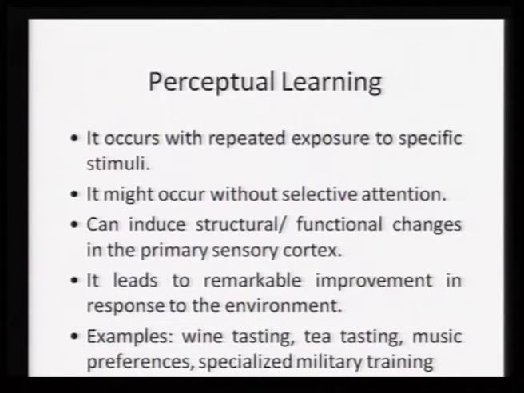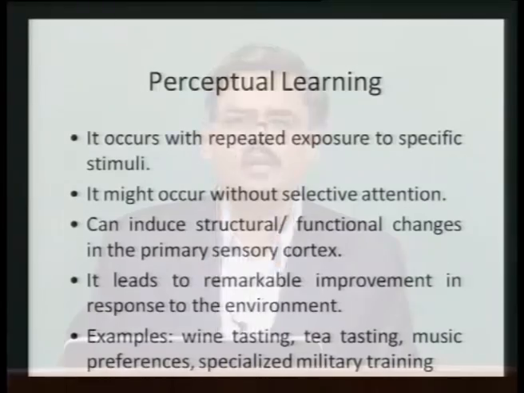It can induce structural or functional changes in the primary sensory cortex. This is what neuropsychological researchers have come forward with, and it leads to a remarkable improvement in our response to the environment. The best example could be wine tasting, for example.